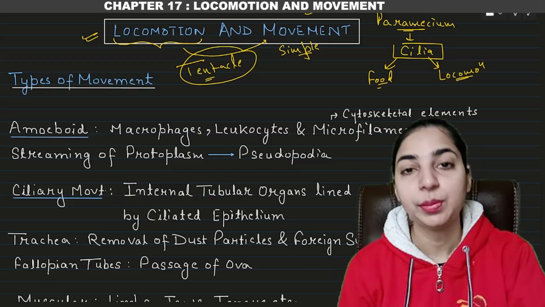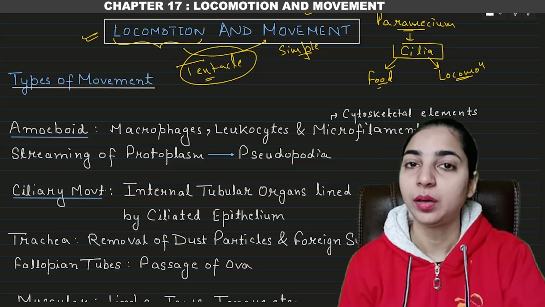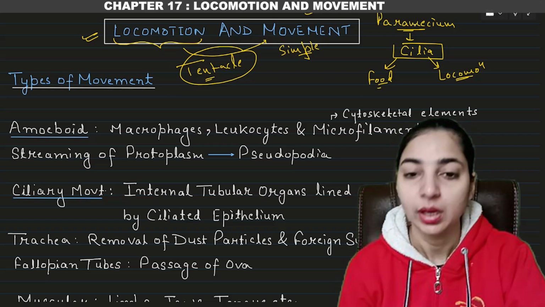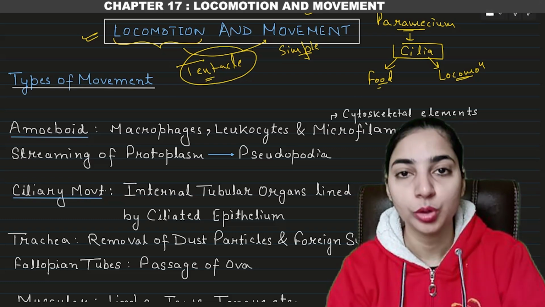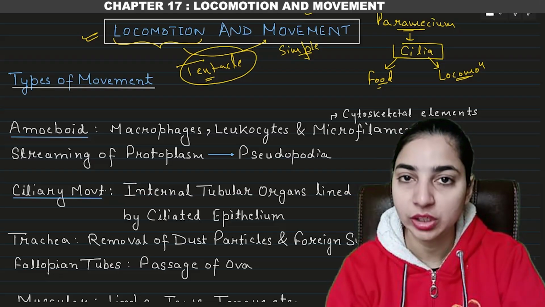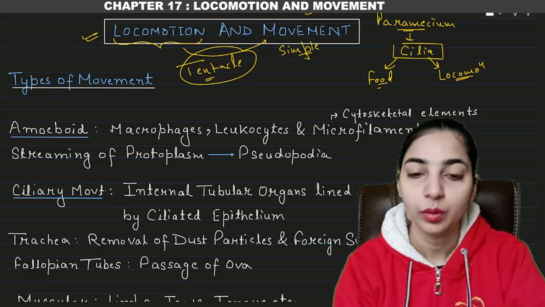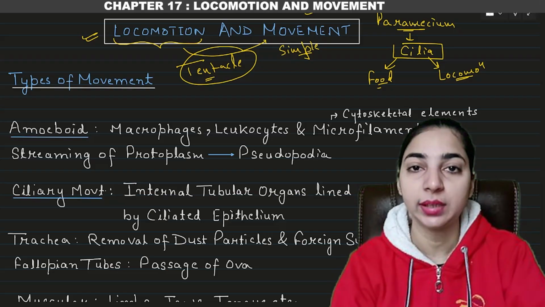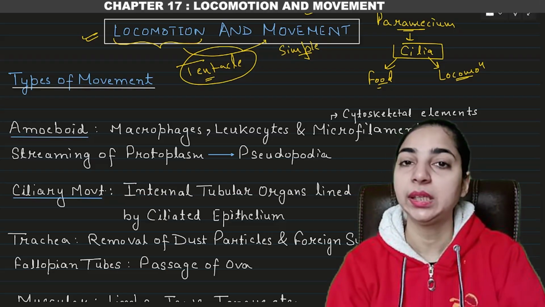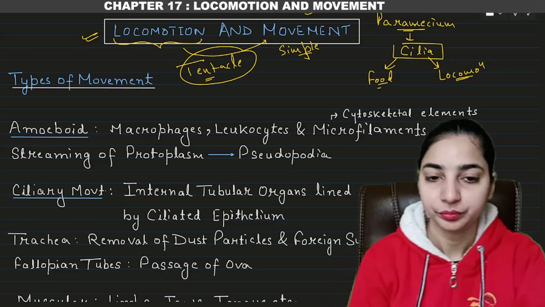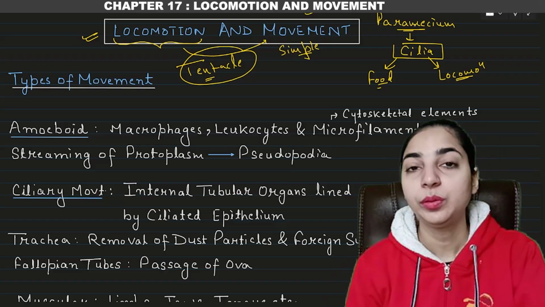So tentacles present on the surface of hydra are also able to perform dual function, simple movement as well as locomotion. So we can see that the terms locomotion and movement are related to each other because they can be performed by the same organs or same parts. Also, locomotion is a special type of movement, so we need to study these two terms together in one chapter, not separately.